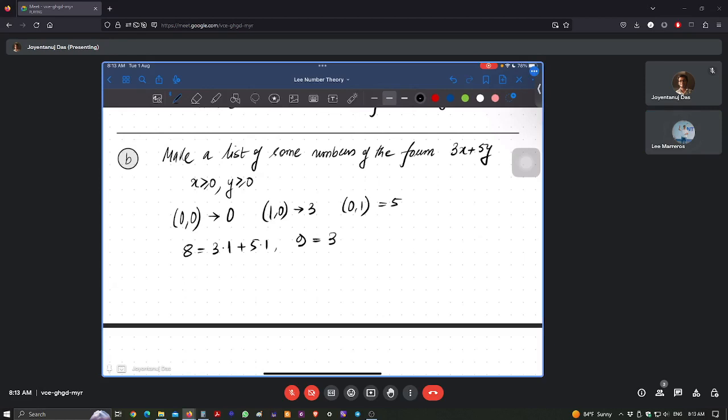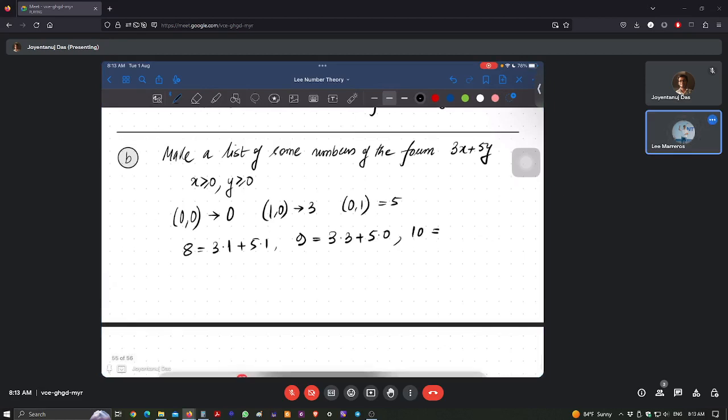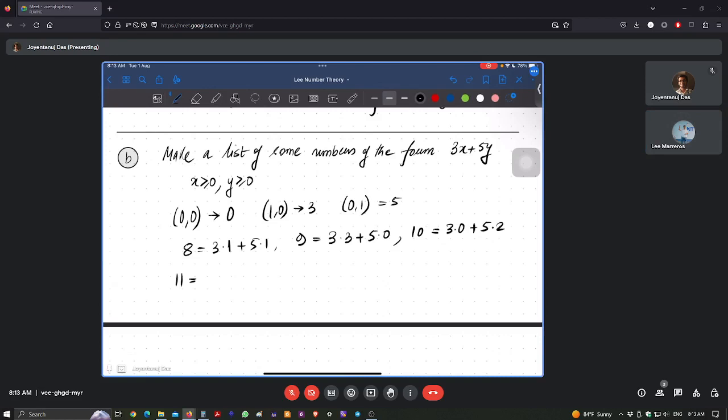9 would be 3 times 3 plus 5 times 0. What about 10? 3 times 0 plus 5 times 2. Right. 11 would be 2 times 3 plus 1 times 5. 12 we can get easily.